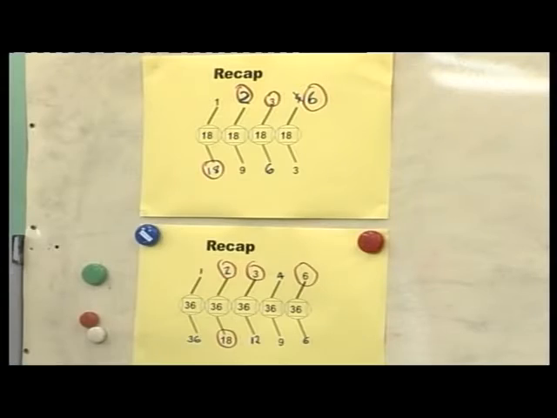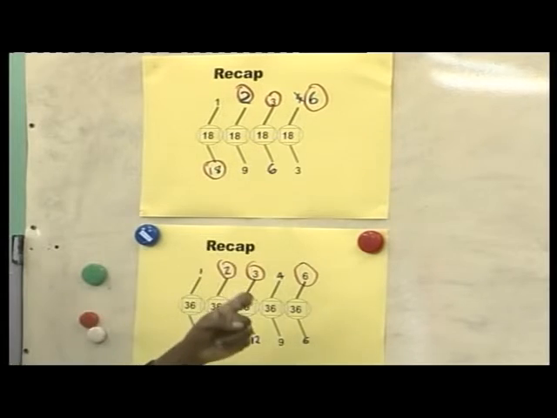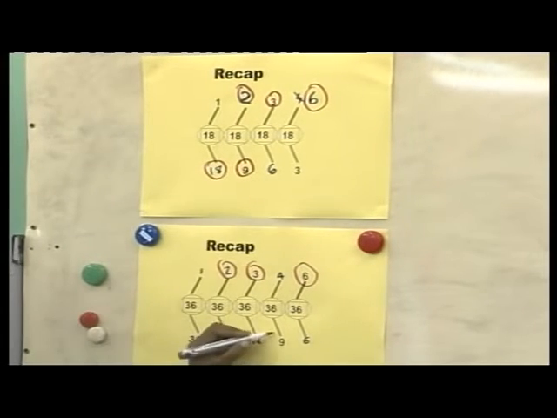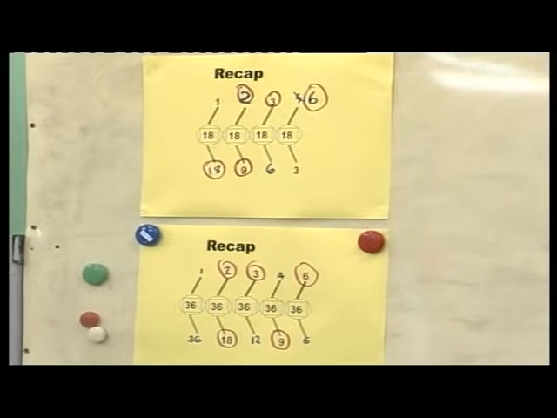Okay, we have already circled 6. 9. Okay, very good. We have 9. Any more? I can still see students' hands up. Robert, what is the last one?